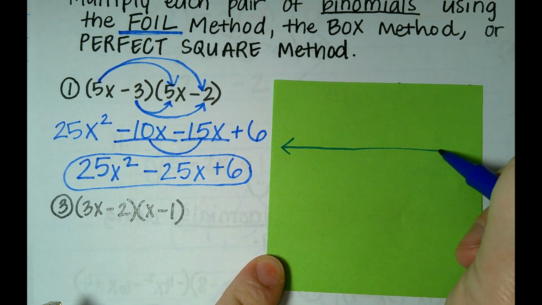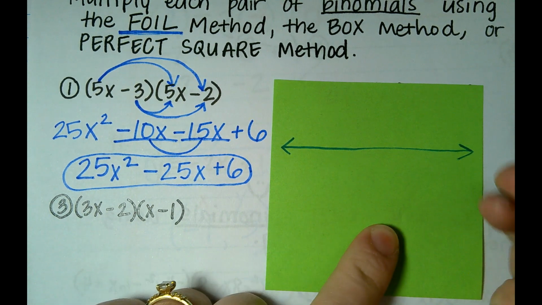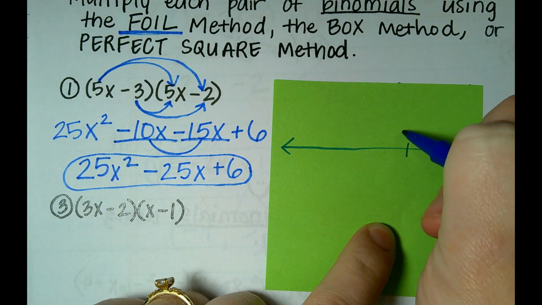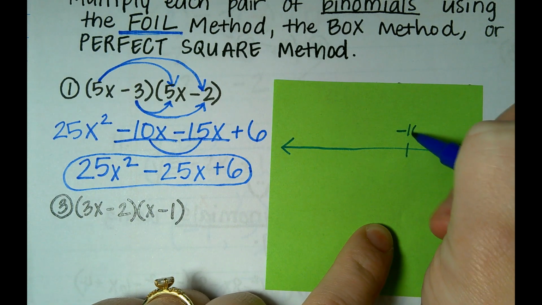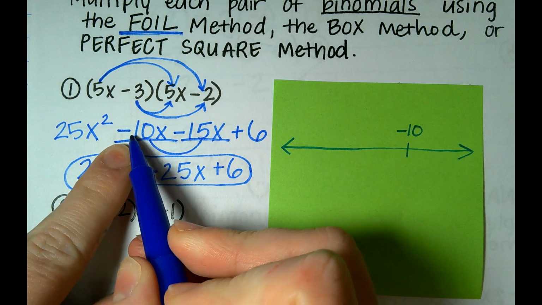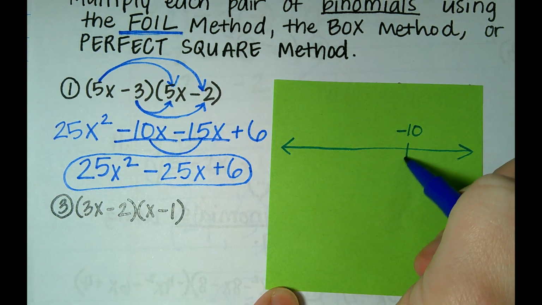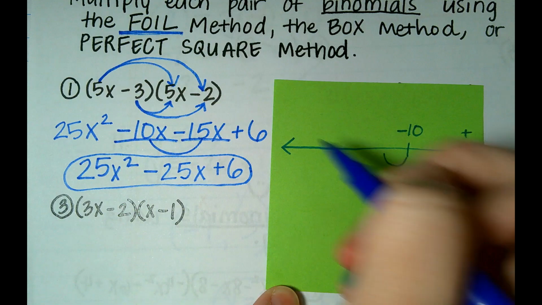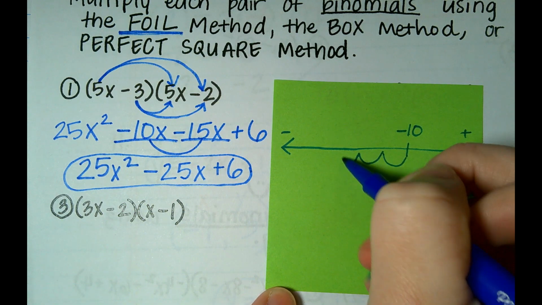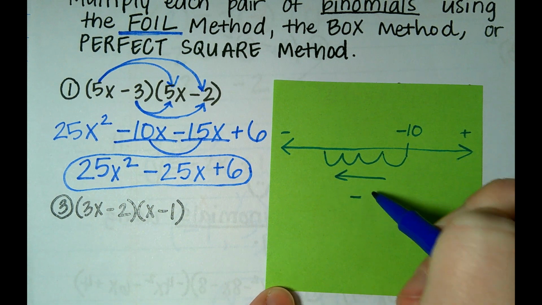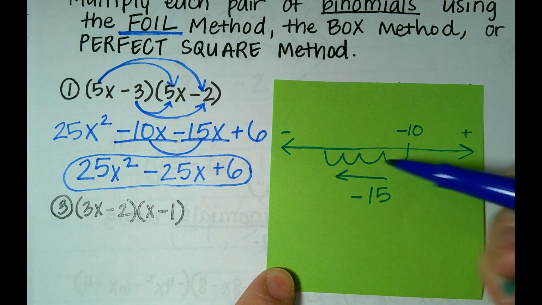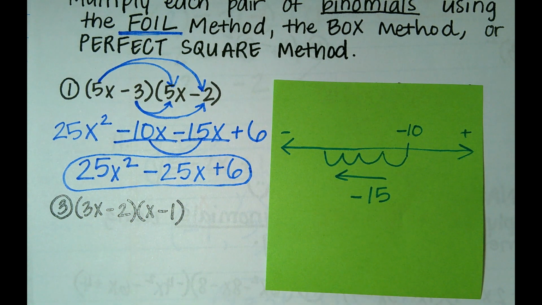With my negative numbers, if I were to start here at -10 and I subtract 15 from that, when I subtract, I go backwards this way. Here's the positives, here's the negatives. So I subtract -15, and that's going to give us an even bigger negative number.